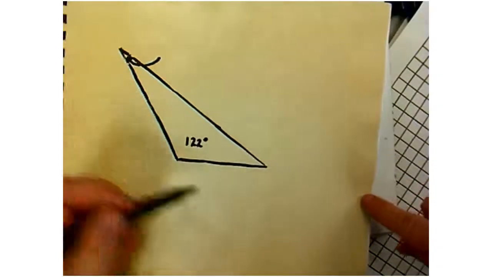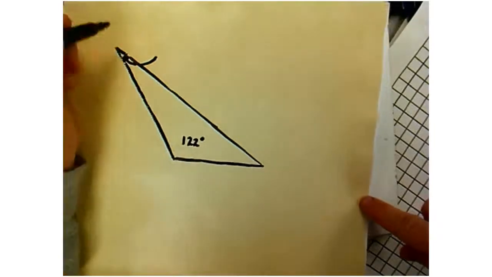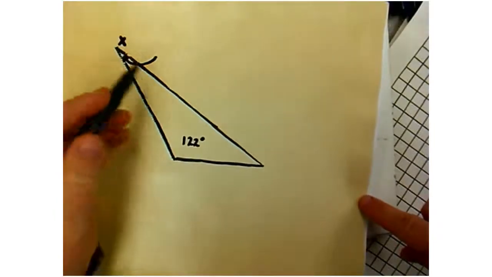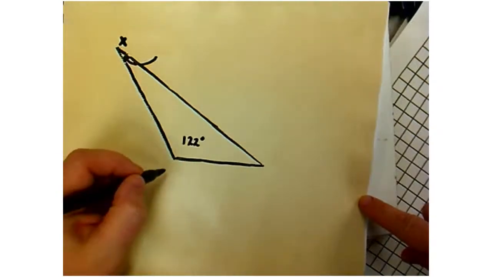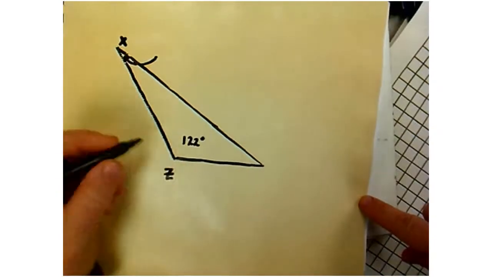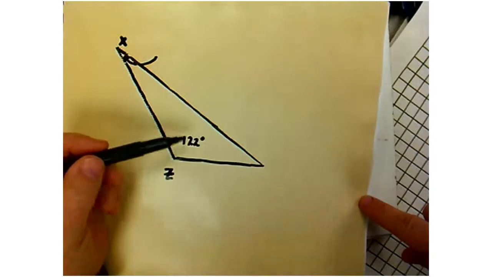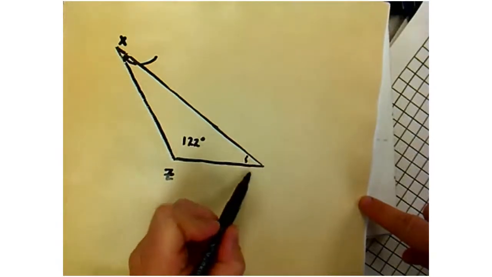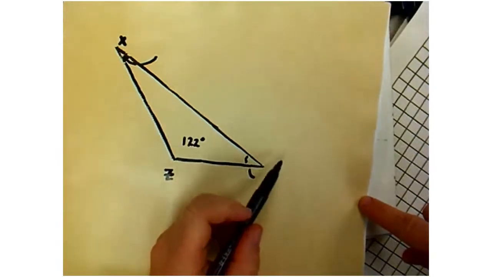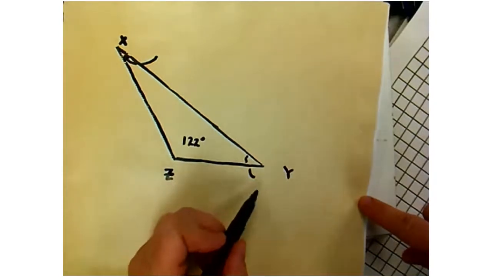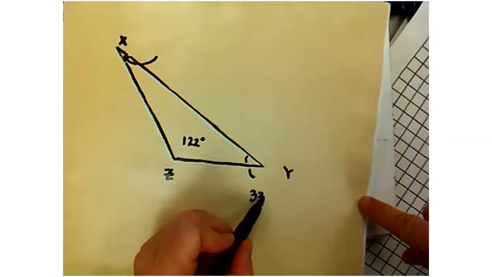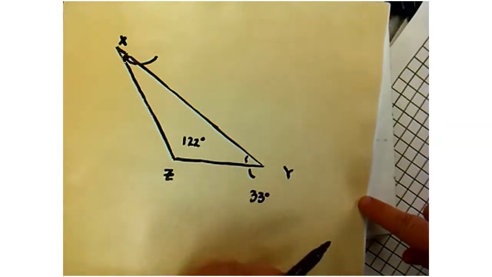The angle at vertex X they've labeled 25 degrees on the outside with an arrow pointing to the inside. Vertex Z is your obtuse angle at 122 degrees, and 33 degrees is your bottom vertex angle Y.